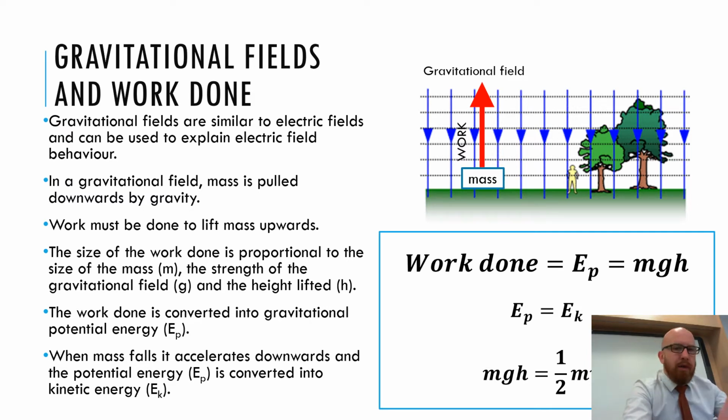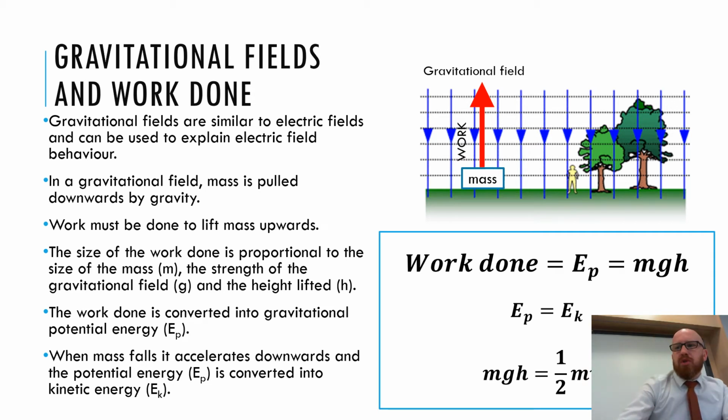And as you lift it up, the work done to lift it up gets turned into potential energy, gravitational potential energy. And that's proportional to the mass of the object, the gravitational field strength, and the height, mgh. If you then drop it, that potential energy gets converted into kinetic energy, turning that mgh into a half mv squared.